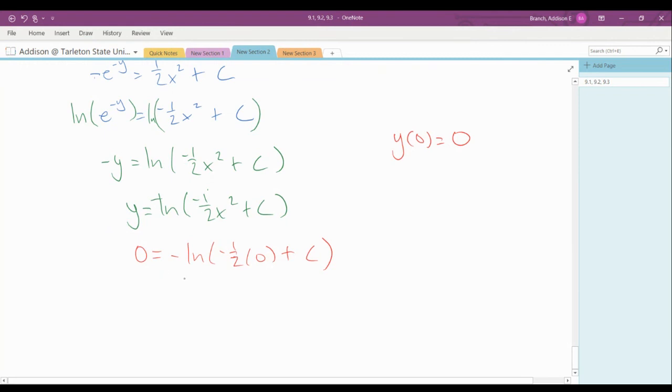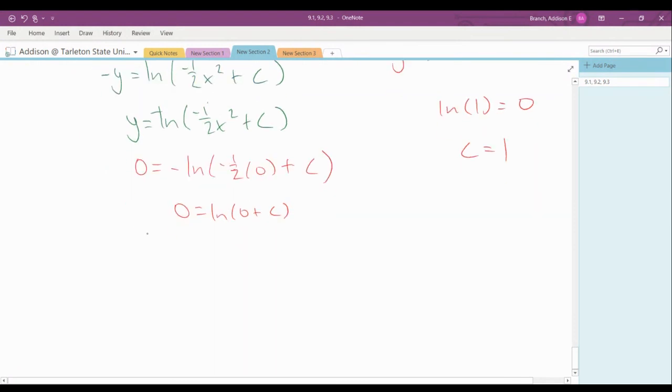So we get 0 is equal to the natural log of 0 plus c. We know the natural log of 1 is 0, so c is 1. So our final solution would be y is equal to the negative natural log of 1 minus 1/2 x squared.